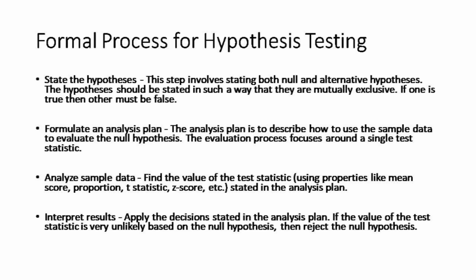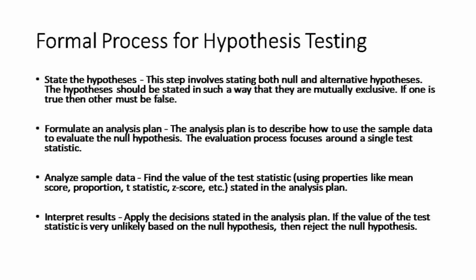Then we go on with the formulation of an analysis plan. The analysis plan is used to describe how the sample data is used to evaluate the null hypothesis. The evaluation process focuses on a single test statistic. For example, in the previous example, we focused on the population proportion.